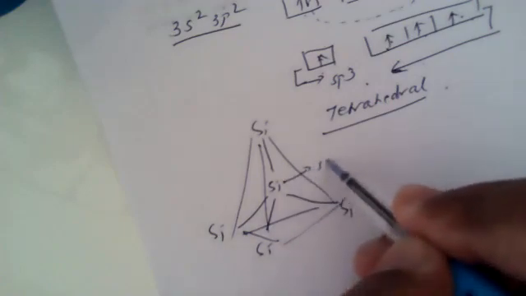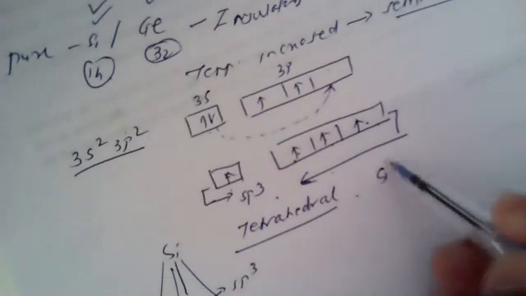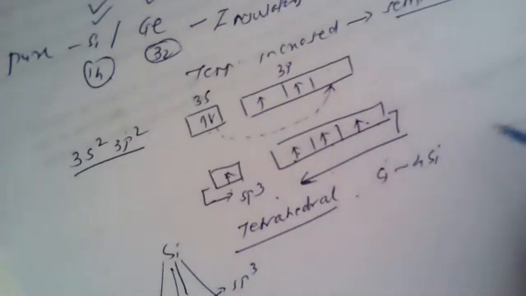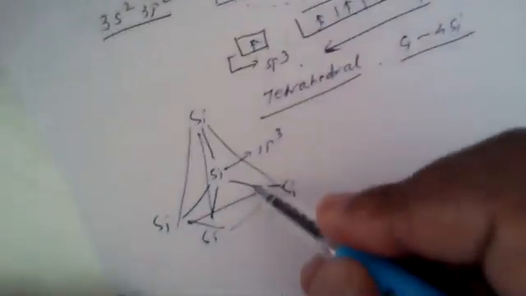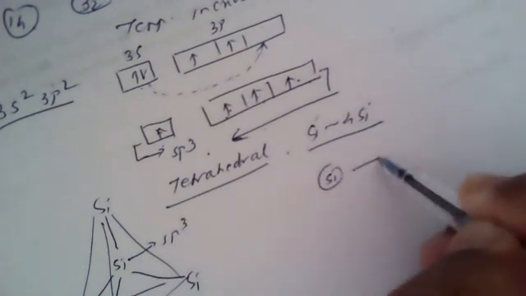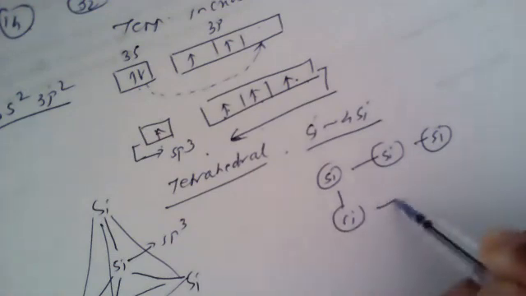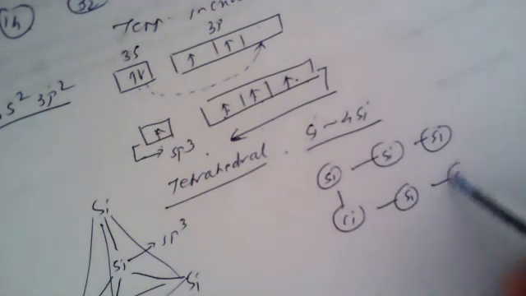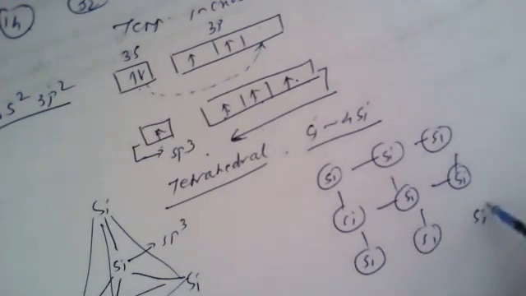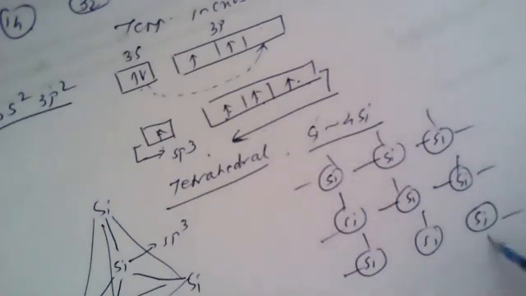Every silicon atom that undergoes sp3 hybridization is surrounded by 4 silicon atoms of the same element. This particular situation can be shown like this. These are the silicon atoms. This is the crystal structure of silicon, which can be shown like this. This is a part of the crystal structure.